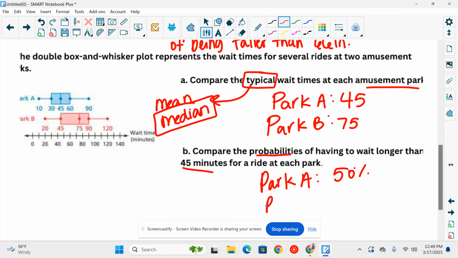In Park B, good. So you have a greater probability of waiting longer in Park B than you do in Park A. So if you had to decide if you're going to Universal or Disney, you'd want to... No, this is Universal. This is Disney. Universal is better. All right.